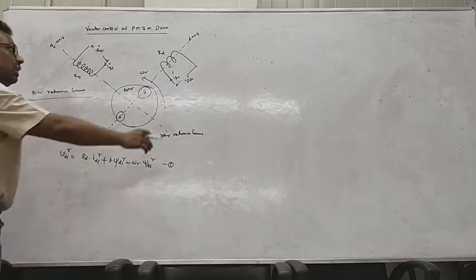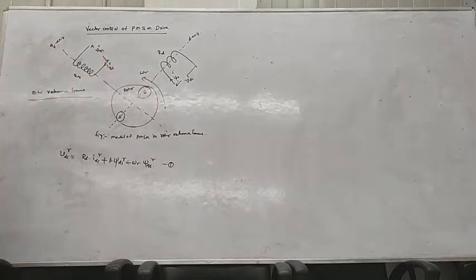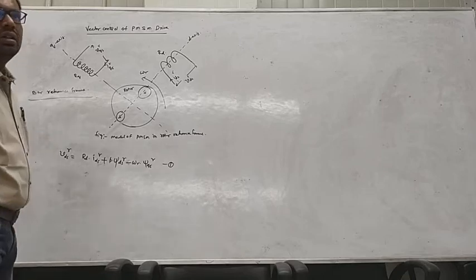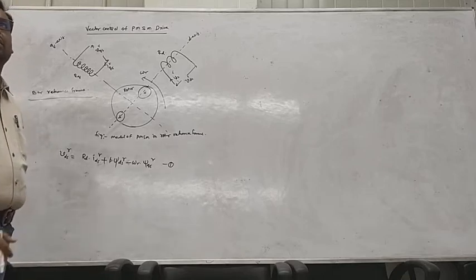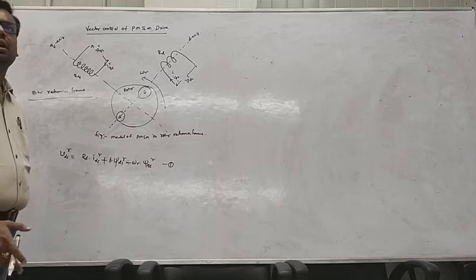We will write only the direct axis and quadrature axis equations. As we know the basic principle of vector control, as I already discussed for the induction motor drive, our main intention is the direct axis and quadrature axis.